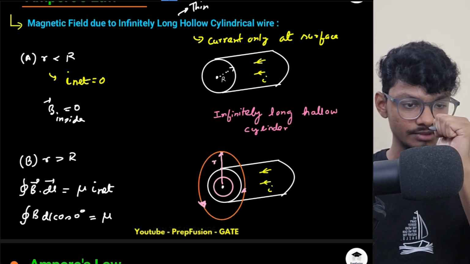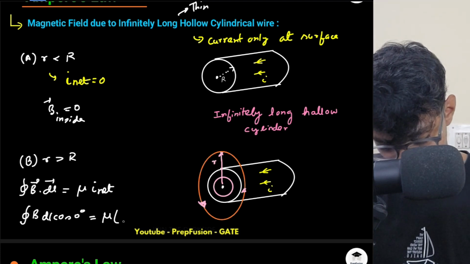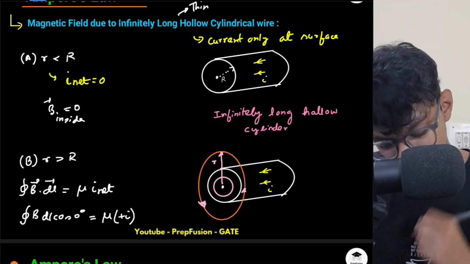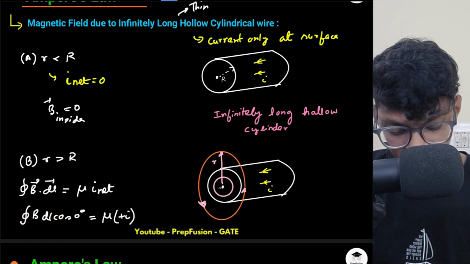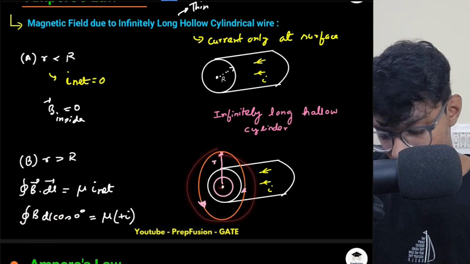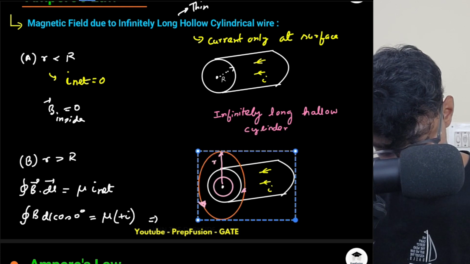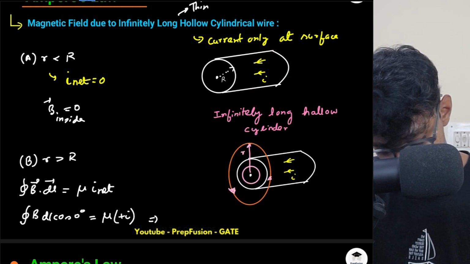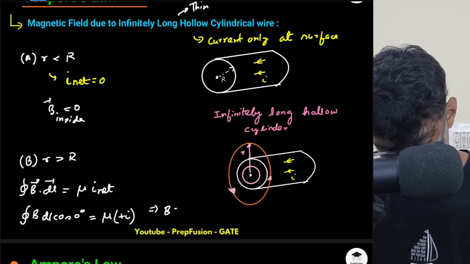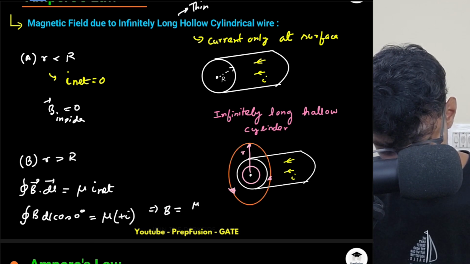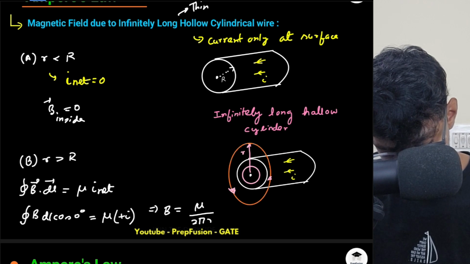So the current is in the same direction according to my convention, so I will choose plus I. Okay, the same expression I get back. Again I will integrate dl from 0 to 2 pi r. So again the magnetic field will come out to be B equals mu I by 2 pi r.